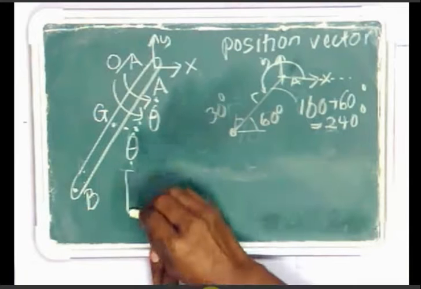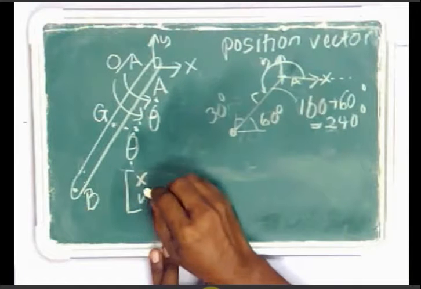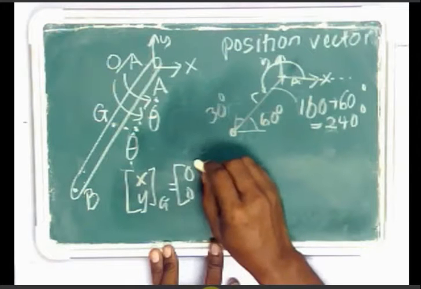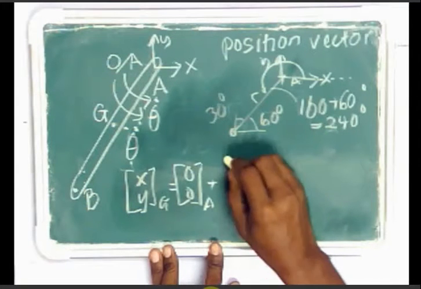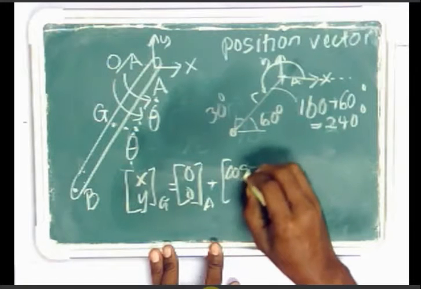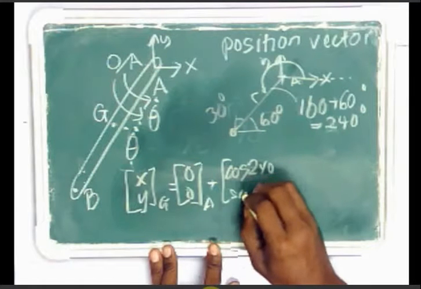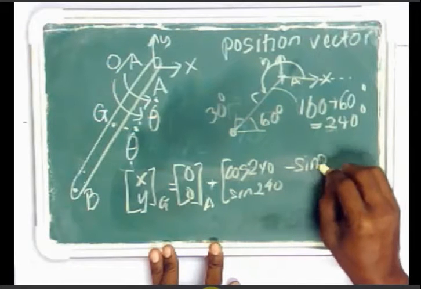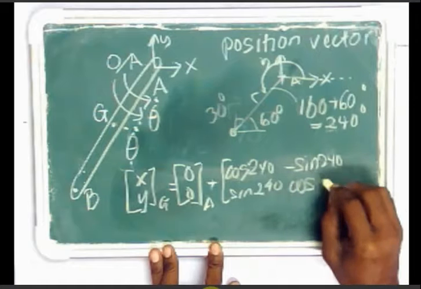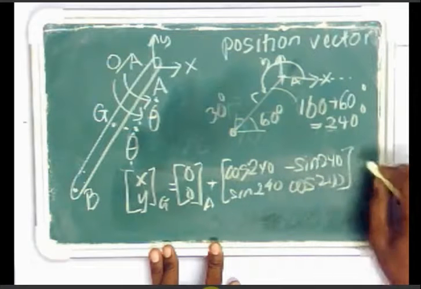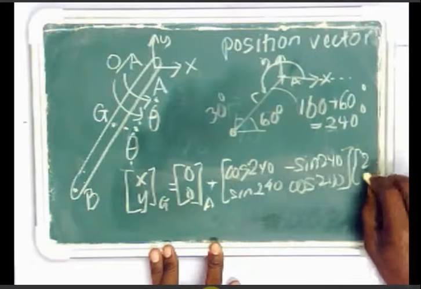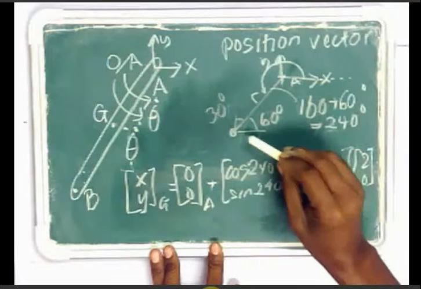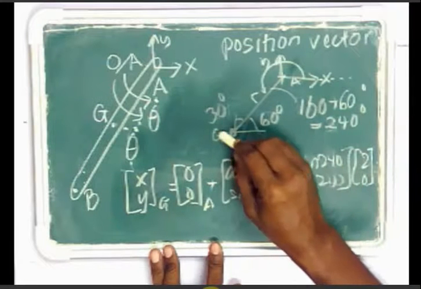So we have x and y for G. This one is equal to 0, 0 for point A plus cos 240, sine 240, minus sine 240, cos 240, and then the distance is 2 feet between the G and A.